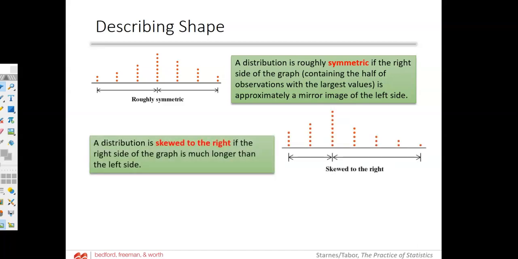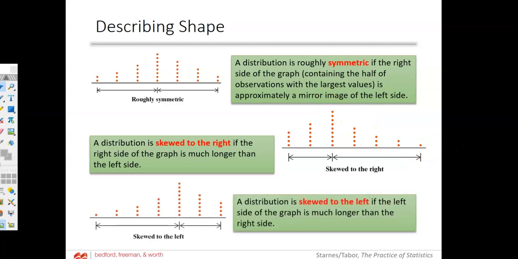When it goes down to one side, so you see how it extends out to the right, and it has that value at the very end there. Probably not an outlier, but almost an outlier. So it skews to the right. You kind of ski down that slope. You're skewing to the right when it looks like that. And when it goes the other direction, then you're skewing to the left, or left skewed.